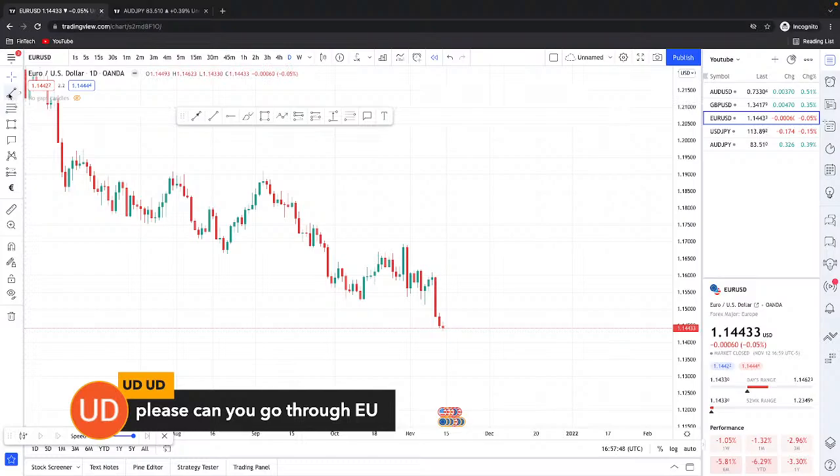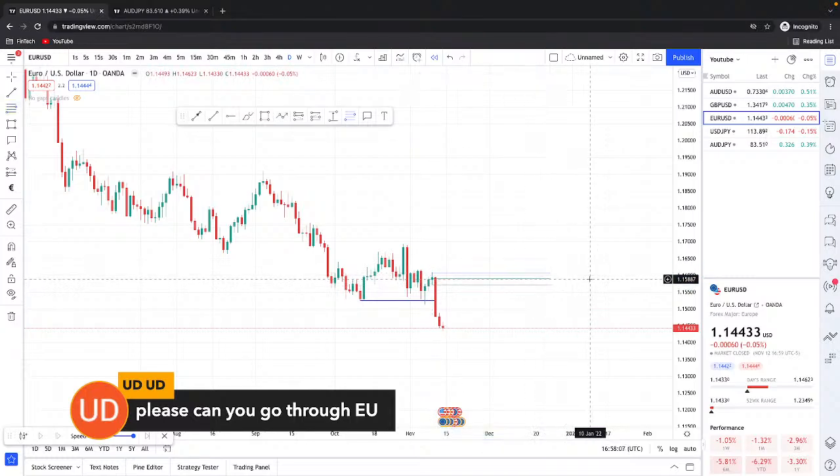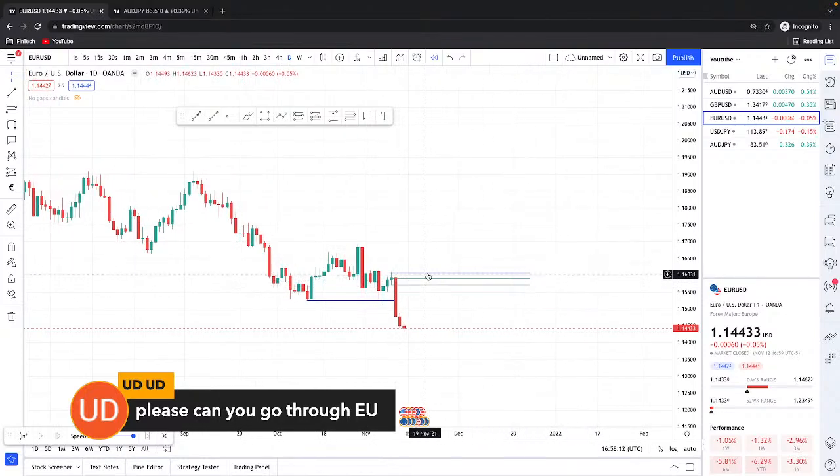I will have a quick analysis on the EU. So what do we see here? Okay, we have the break of structure, and this is where I'll take the swing sell from if I monitor this area and get confirmation.